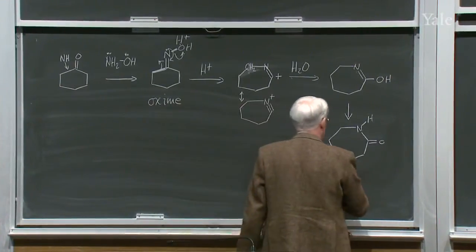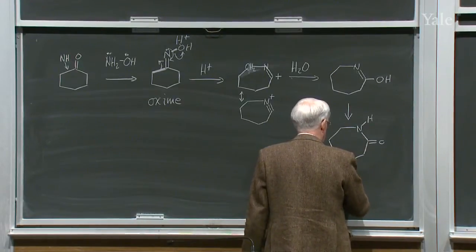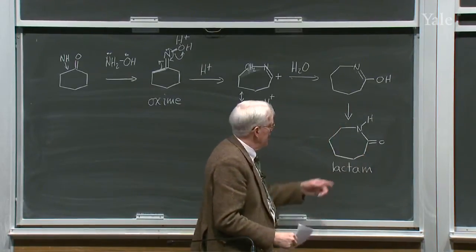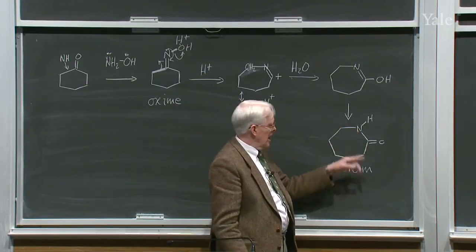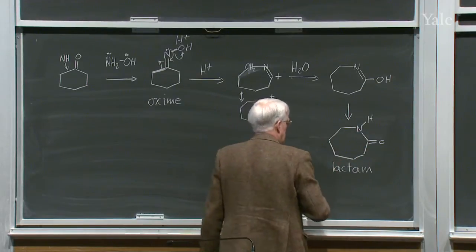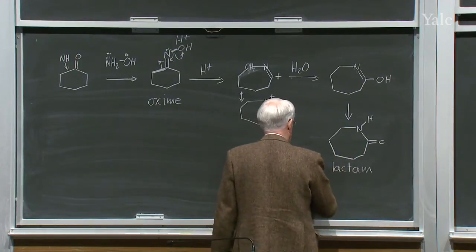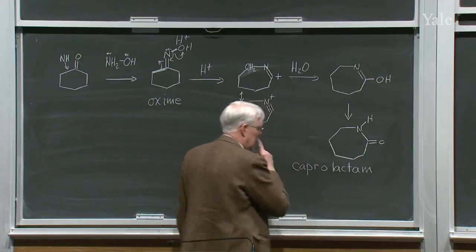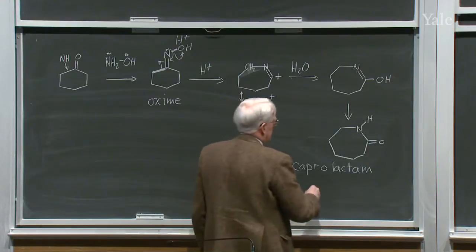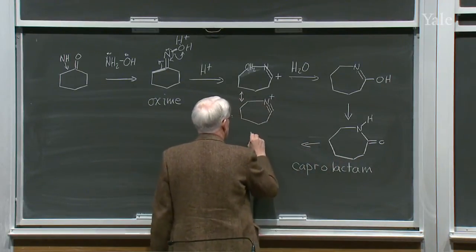Incidentally, this particular lactam, a lactone is a cyclic ester, a lactam is a cyclic amine or amide, right? And this particular one is called caprolactam. And it's of some commercial interest because if you hydrolyze it, it becomes this amine.